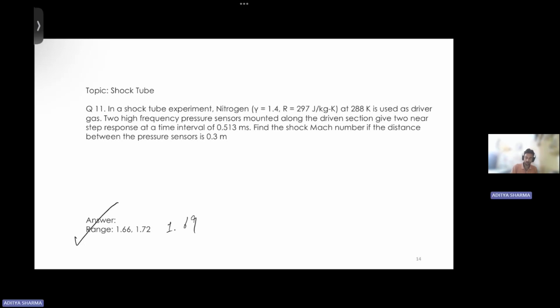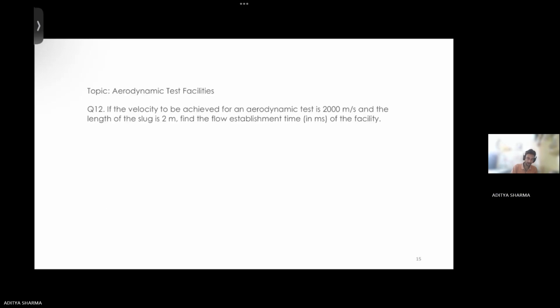So the last question we have for this session is on aerodynamic test facilities. The question says that if the velocity to be achieved for an aerodynamic test is 2000 meter per second and the length of the slug is 2 meter, find the flow establishment time in millisecond of the facility.